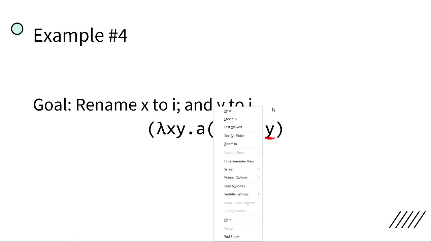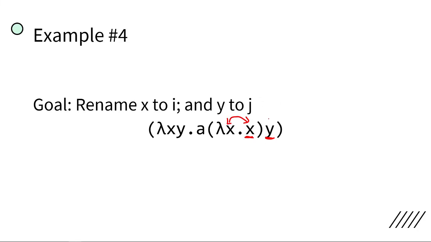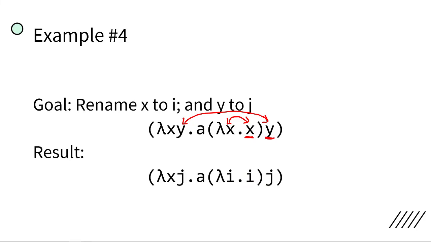And then this y is bound to this. Therefore, the result is: this one is renamed into j, then this one is renamed into I.